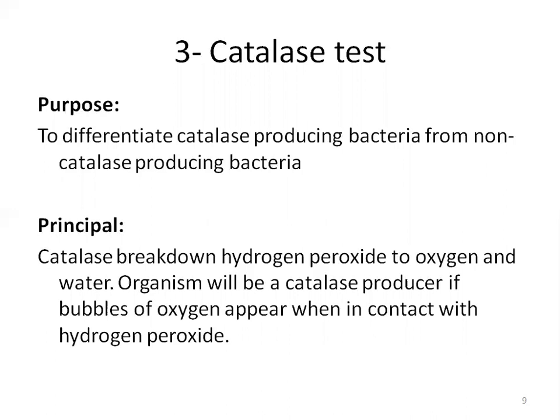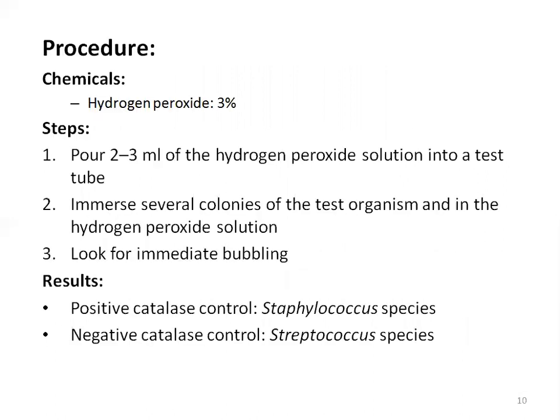For this purpose, the culture of the organisms should not be more than 24 hours old. So you have to prepare fresh cultures for performing this test. Hydrogen peroxide in the concentration of 3% is required, and the steps are as follows.